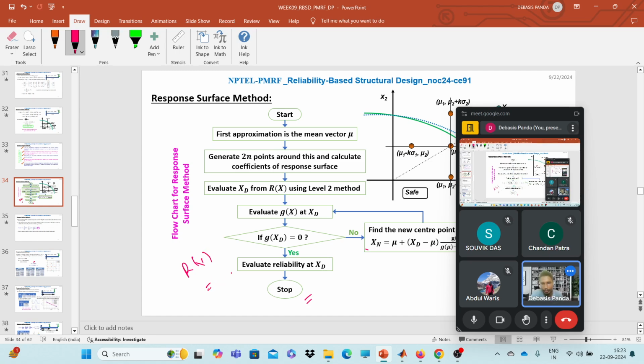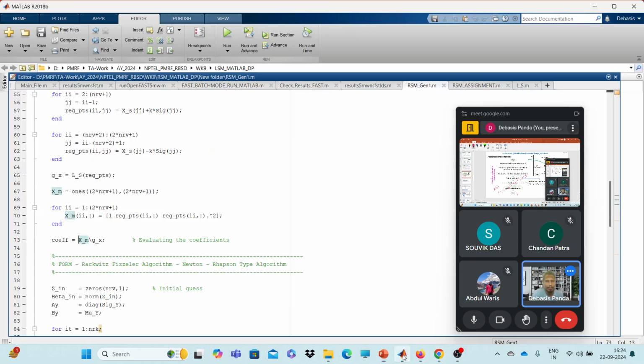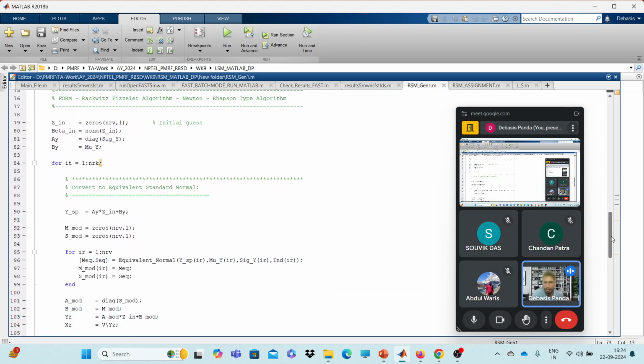That means we have the R(x) in terms of the basic variables and also some coefficients, like say 1.11 plus 2.3 x1 plus 2.32 x2. Now once we have this response surface, you need to perform the Rackwitz-Fiessler algorithm to get the beta. That means the gradients and all these things.